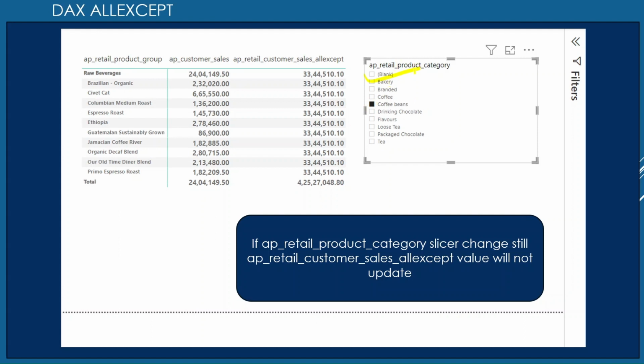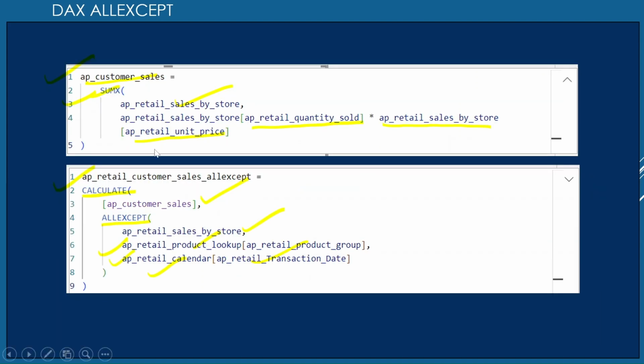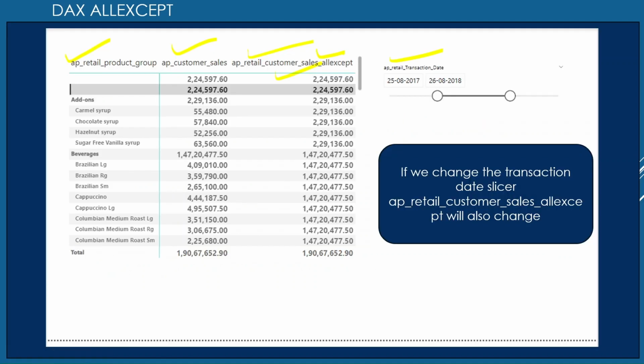If we are making any kind of change or selection here, this measure which is getting calculated with the help of AllExcept function, the filter context is not going to apply. Only two columns we have given where the filter context is applied. One is transaction date and another is AP retail product group. So let me just do this exercise.